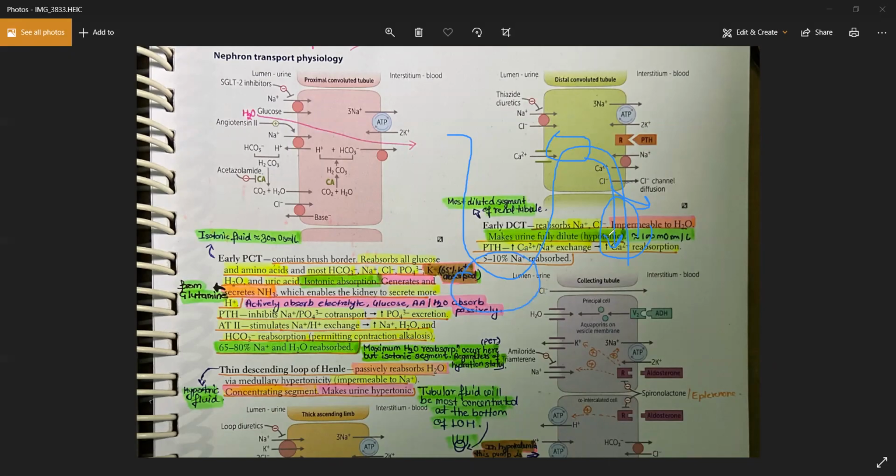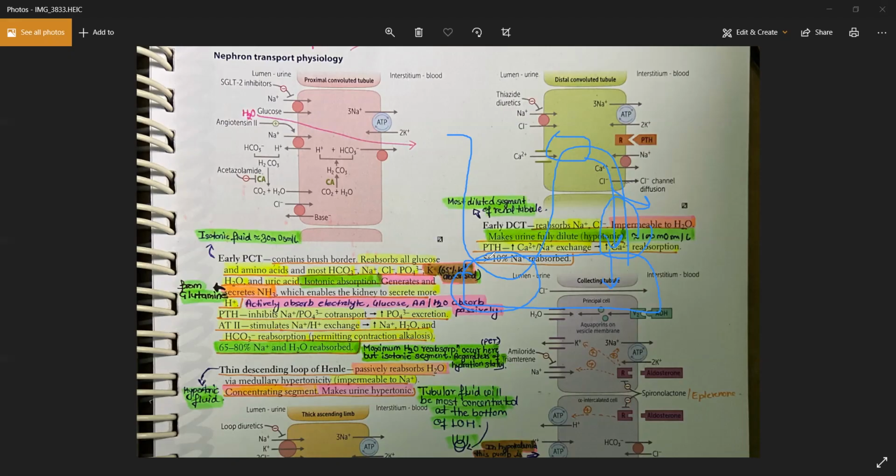In the lowest portion of the collecting duct, the urine becomes maximally concentrated because of free water reabsorption via ADH. So that makes the lowest portion of the collecting duct and the lowest portion of the loop of Henle maximally concentrated whenever I have a dehydrated state or an activation of ADH.